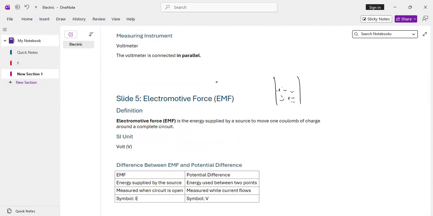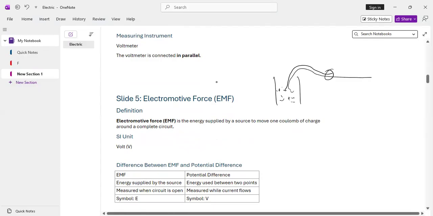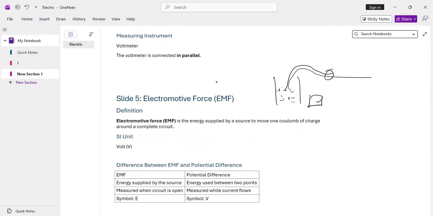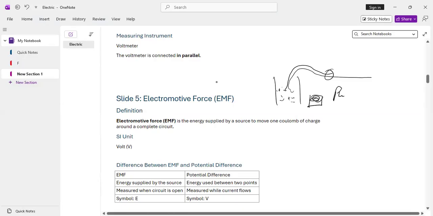So the energy it takes to push this electron from here to here so that we will not have darkness, that's how a battery works. For example, if this is a battery and your phone needs electrons to work, it is the EMF of this battery that will be pushing the charges from here to here, making them circulate. So that's what the EMF is.